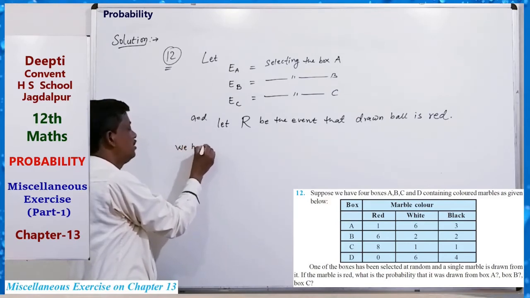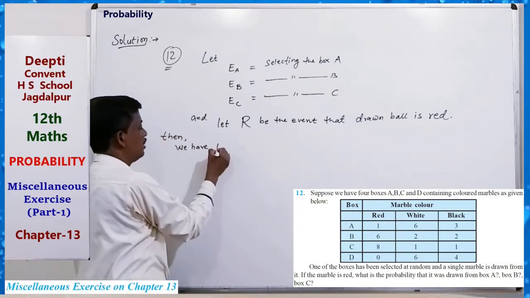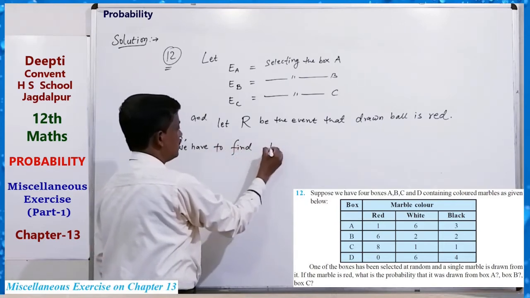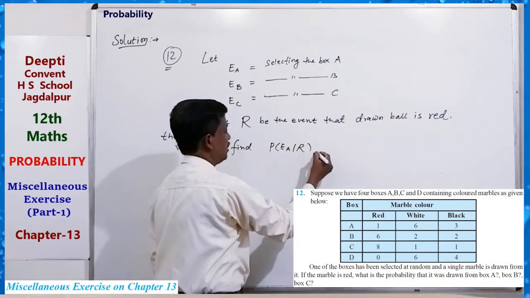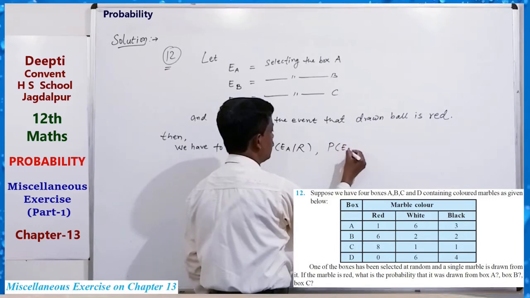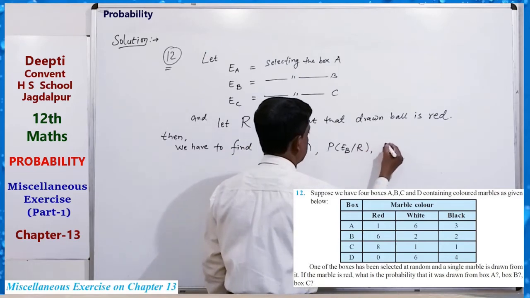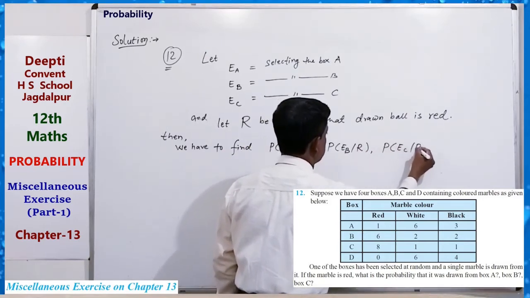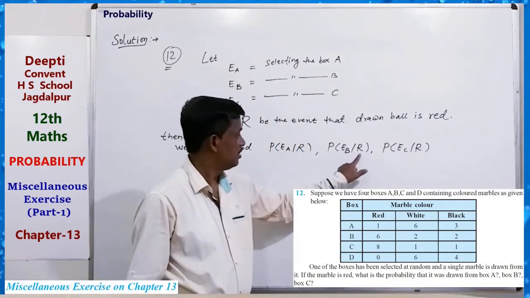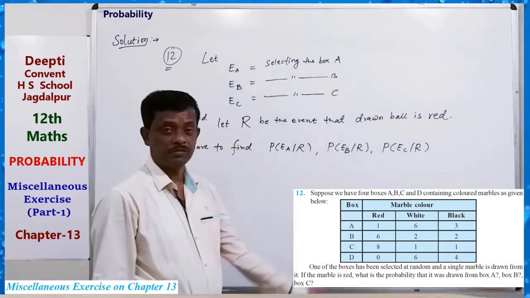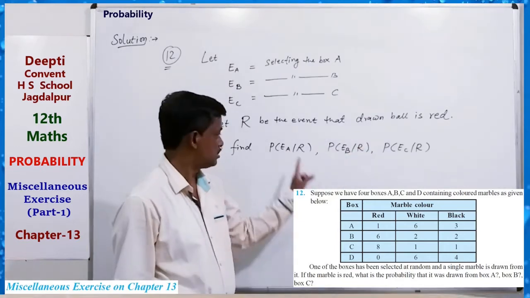We have to find P(EA|R), P(EB|R), P(EC|R). Because it is given that the ball is red, red is in the second part, and we want whether it comes from box A, box B, or box C. So we require this.